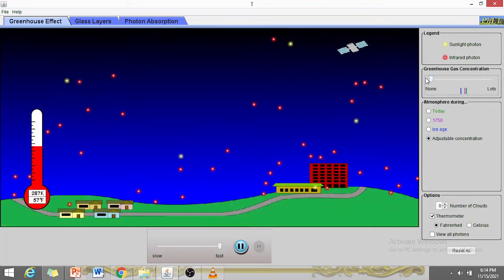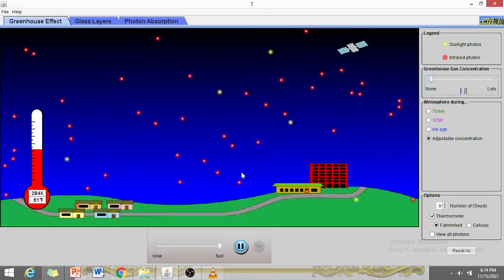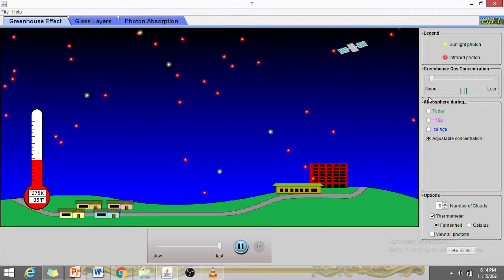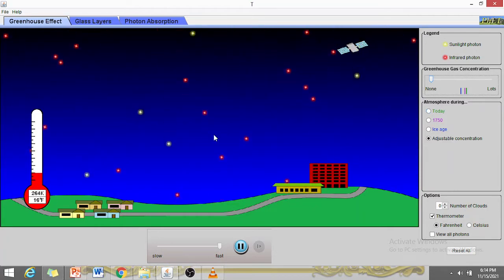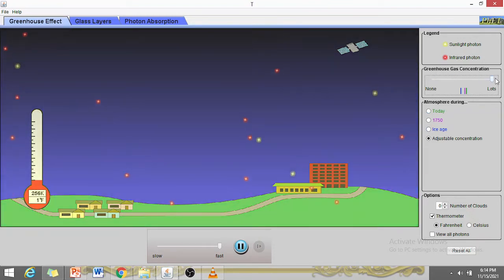So, pag walang greenhouse gas, ganyan po yung itsura. Take a look at the thermometer. Walang nata-trap na mga sunlight and infrared photons. So, the temperature is becoming negative. Samantalang, class, kapag maraming greenhouse gases, look at what will happen.